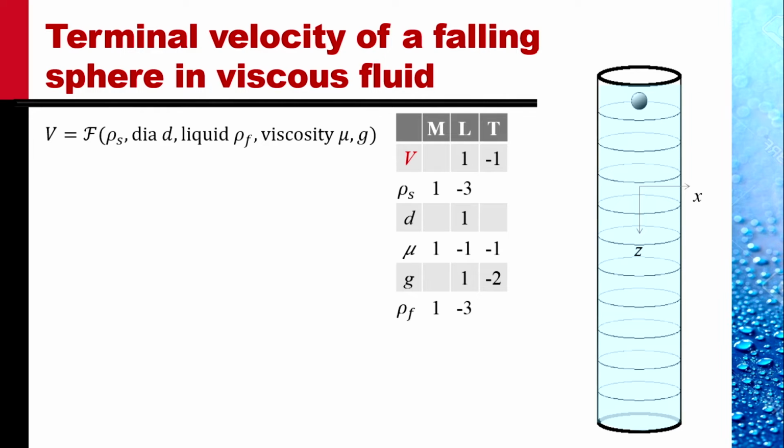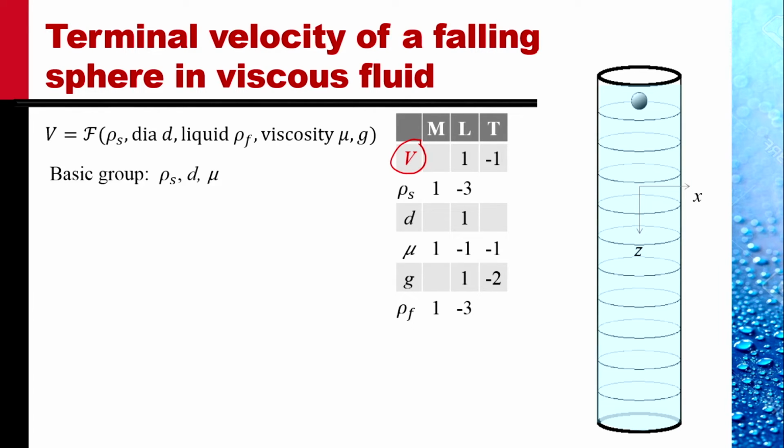If we work in MLT system, we write the dimensions of all the parameters involved. There are 5 independent parameters and 1 dependent parameter. Dependent parameter V written in red. The dimensions of all of them have been written down.